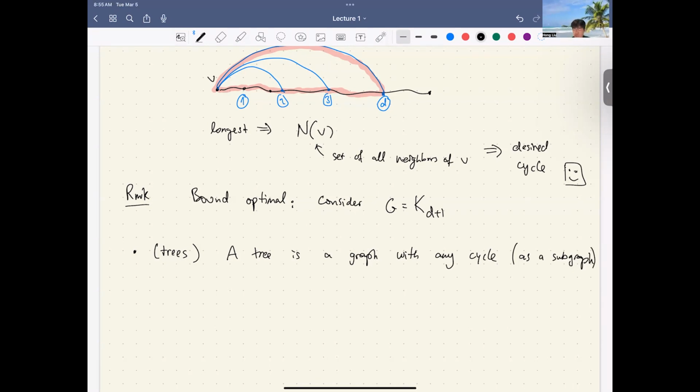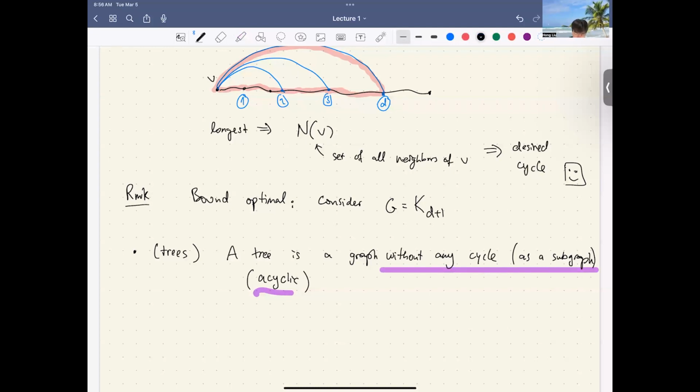It's also a very important and basic concept. Sometimes people say acyclic. Acyclic means without any cycle as a subgraph.